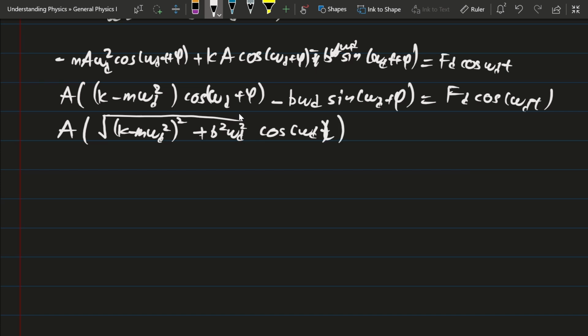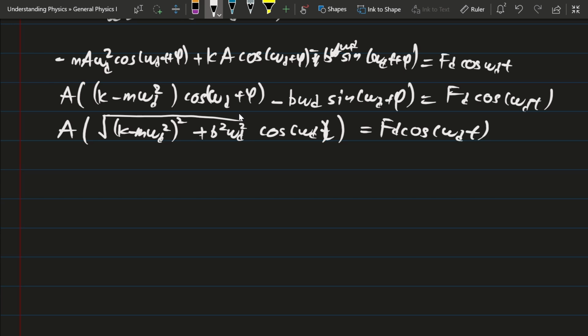And so why is the phi gone? Well, technically the phi is still there, but due to certain circumstances, you could actually cancel out this phi. And this will later equal F_d cosine omega_d t.